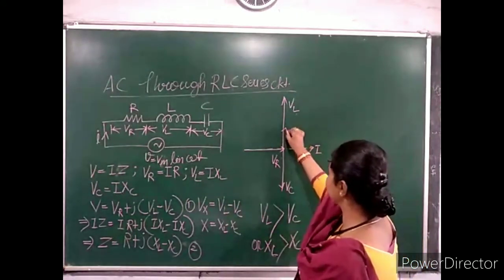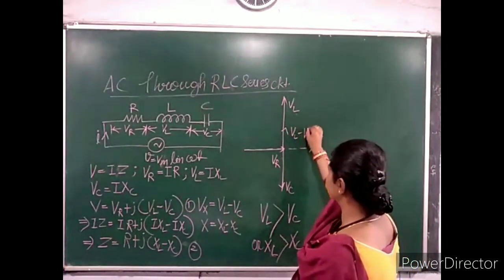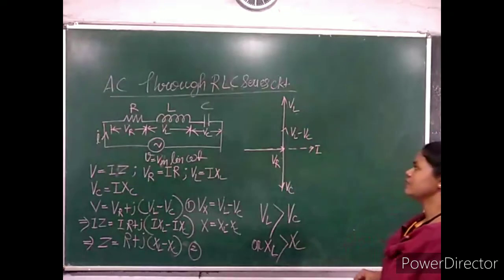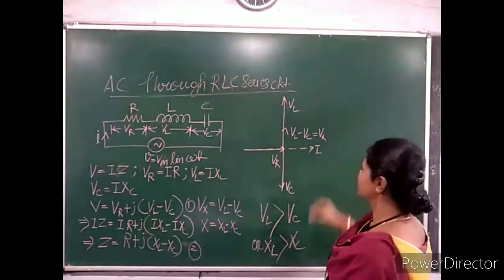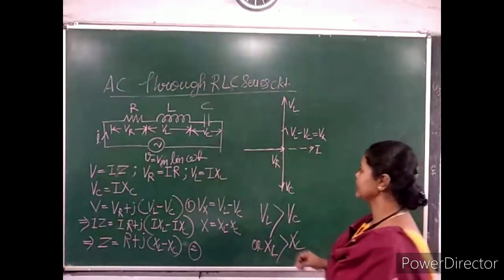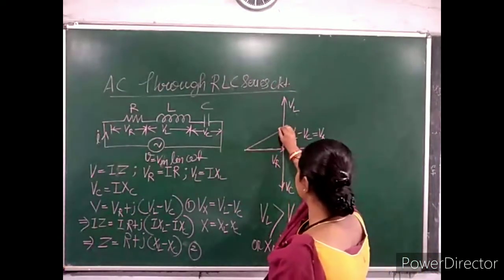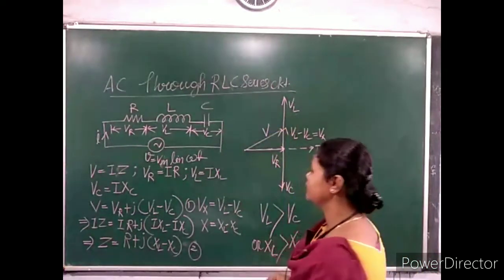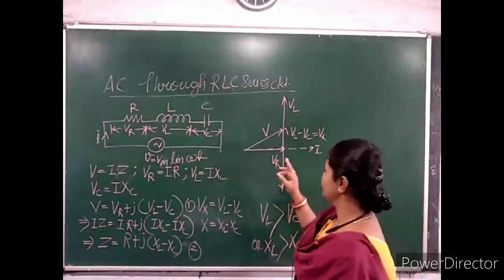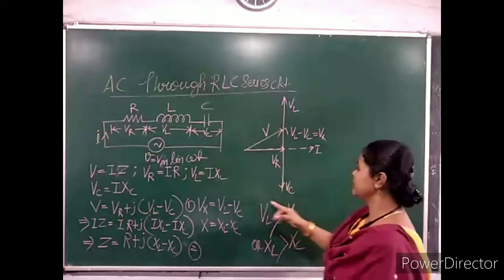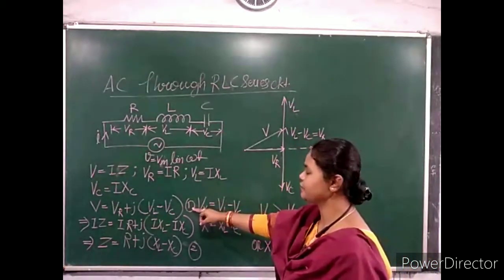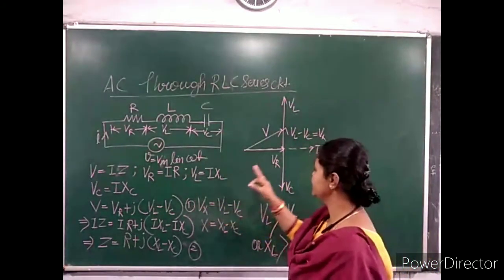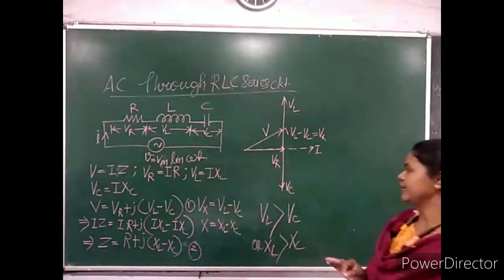So the resultant is VL minus VC, which is the voltage due to reactance of the circuit, and the resultant gives the supply voltage. So this phasor diagram for voltages I derive from equation number 1. This is called the voltage triangle.